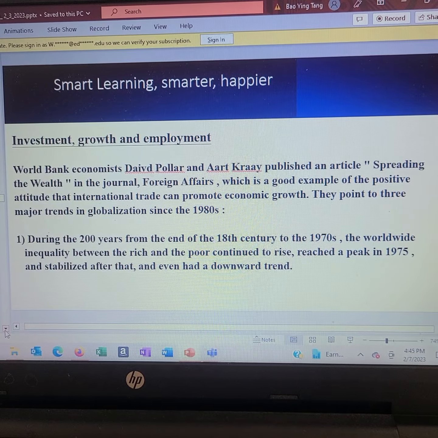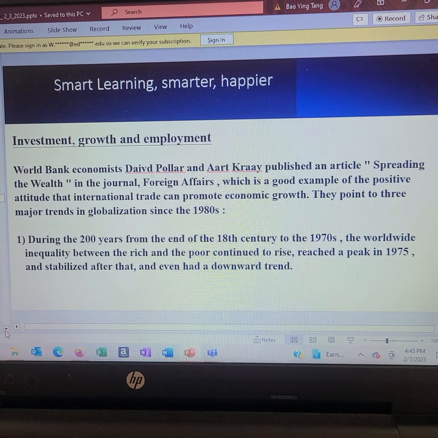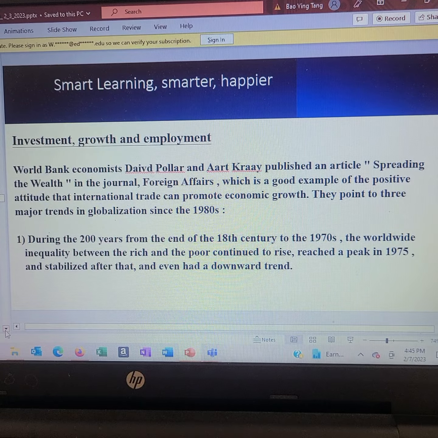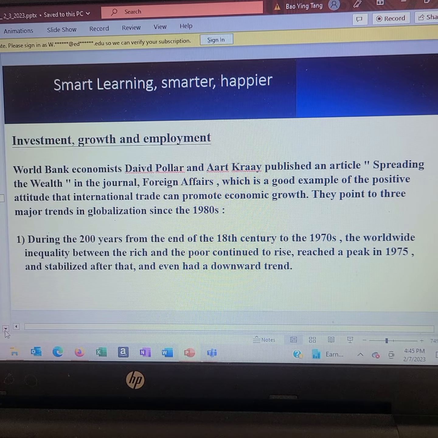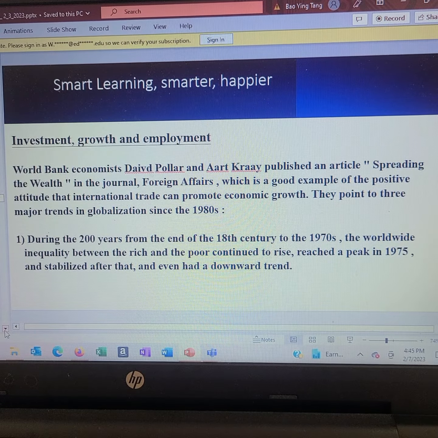Investment, growth, and employment. World Bank economists David Dollar and Aart Kraay published an article, Spreading the Wealth, in the journal Foreign Affairs, which is a good example of the positive attitude that international trade can promote economic growth. They point to three major trends in globalization since the 1980s.